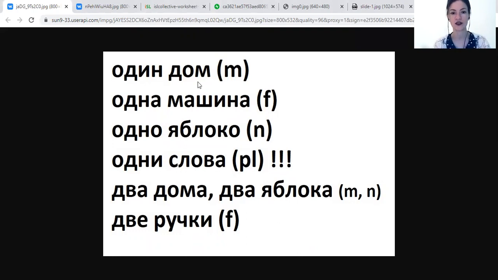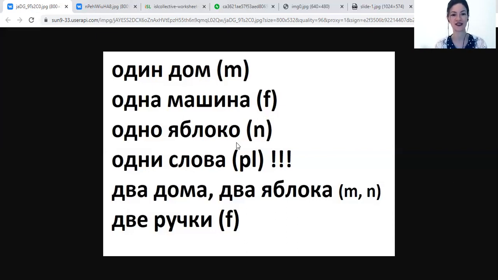So we use the form один. But одна машина. Машина finishes with A. It's feminine gender, so we say одна машина. Nobody says один машина, only as a joke. Then одно яблоко.